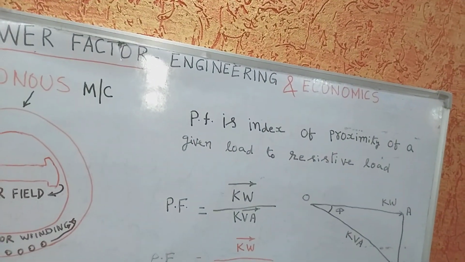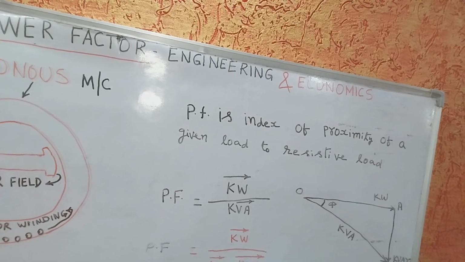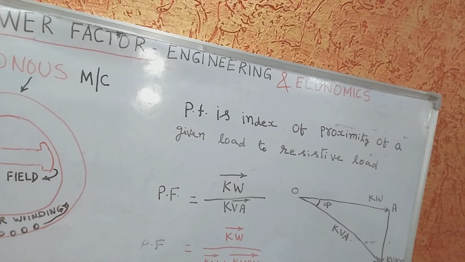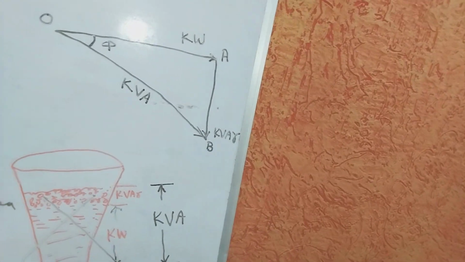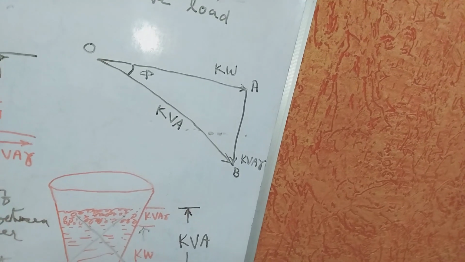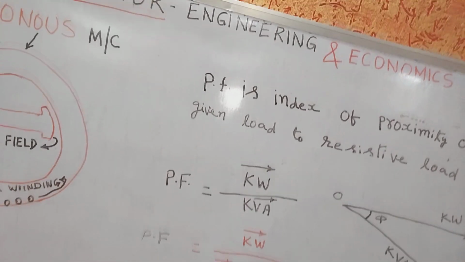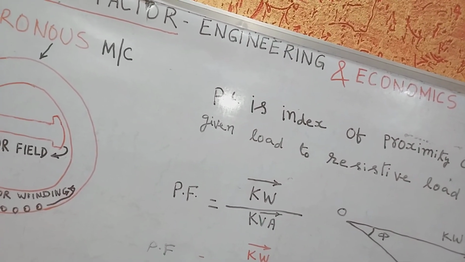The power factor at which an AC machine operates is an economically important feature because of the cost of reactive kVAR. Low power factor adversely affects system operation in mainly three principal ways.